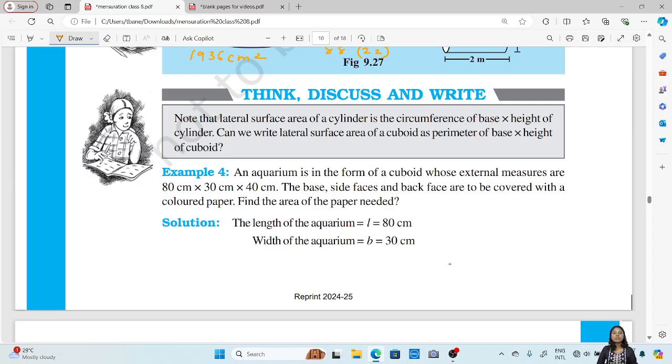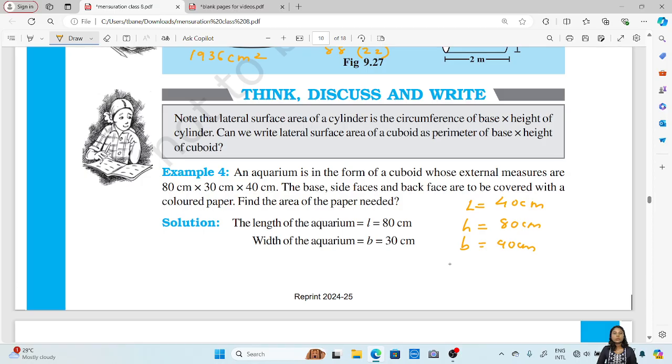So aquarium is in the form of cuboid. So here our length, height and breadth.